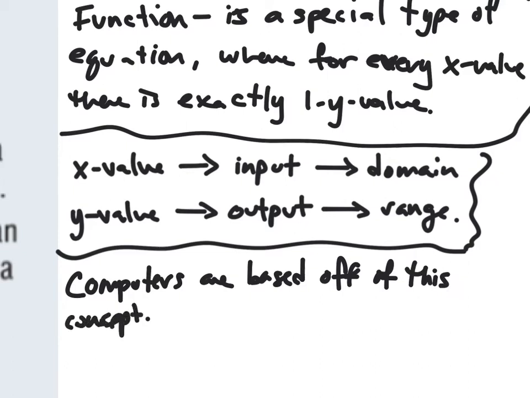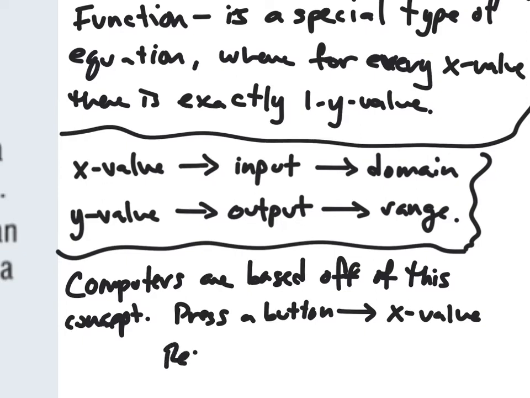I want you to think about it: when you press a button on a computer, that's your x value. That's your input. If you've ever studied computers, you use the words input and output all the time. The result on the screen, whatever happens, is your y value.